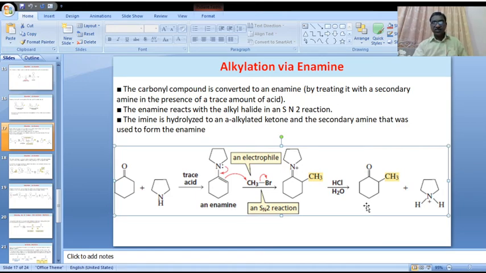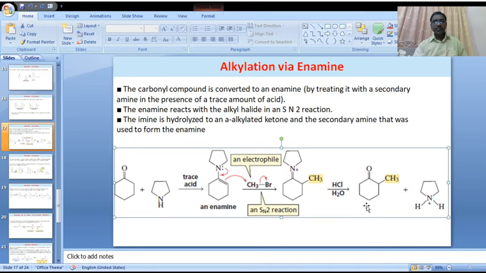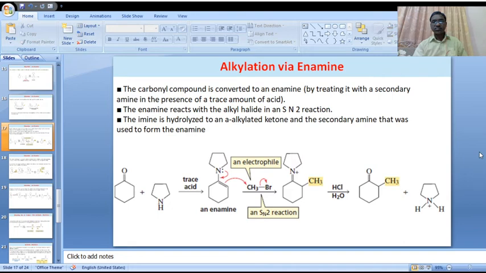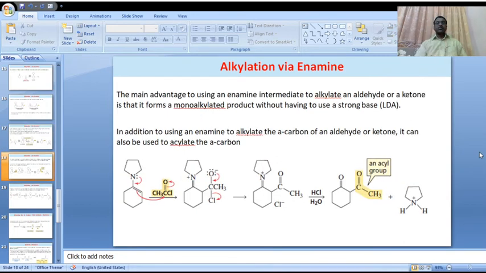Is it clear to all of you? Is it clear in this slide? Okay. Next, alkylation via enamine. Another example.